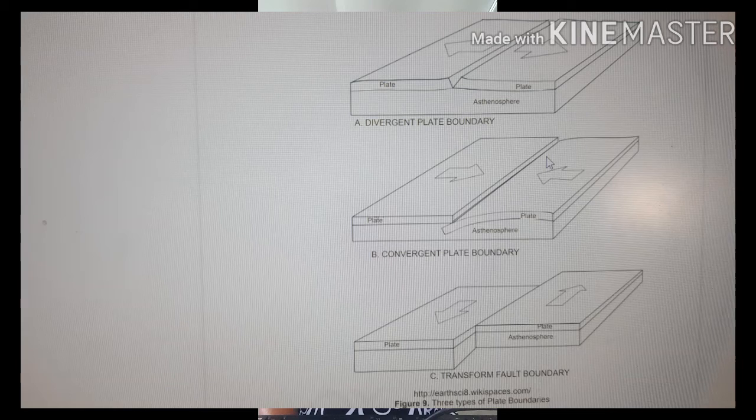Now, if you look at the illustrations from your module, you can see the movement. The arrows in A show a divergent plate boundary. The second, the arrows moving towards each other, show the convergent. And letter C is the transform fault boundary, wherein they are sliding past each other.